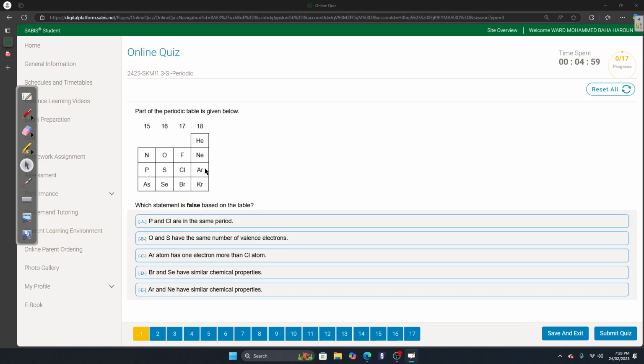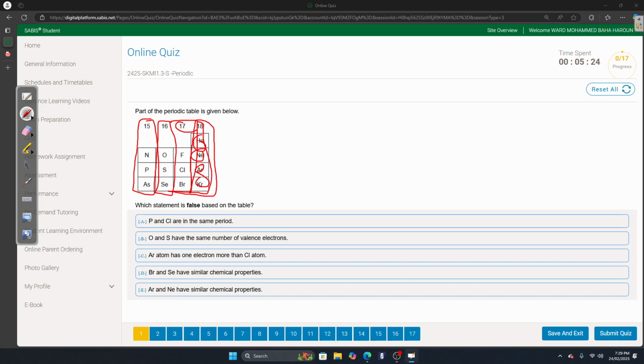Ar atom has one more than Cl atom. Now, there's something I'm gonna tell you. You see these groups? The ones in group 18 have 18 electrons.